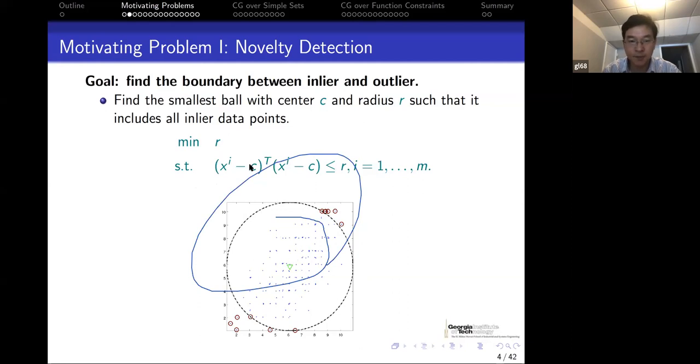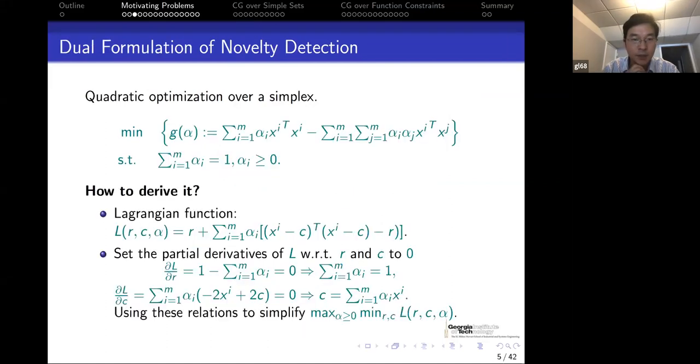You can formulate this as a problem of minimizing R so that the norm square between xi, a data point, and the center C of the ball is less than or equal to R. So we can write the dual of this problem.